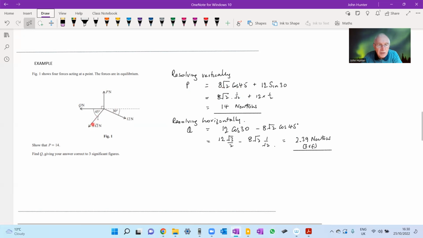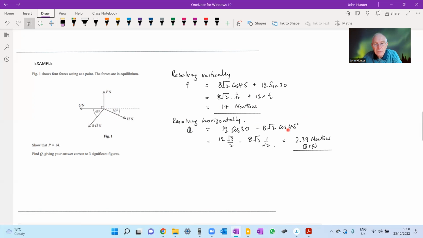That's the effect of this one going vertically down, plus 12 sine 30, which is this one going vertically down. Sine 30, note. This will be cos 30. This one going down is sine 30, 12 sine 30. And so we just work that through, and that gives us 14 newtons.